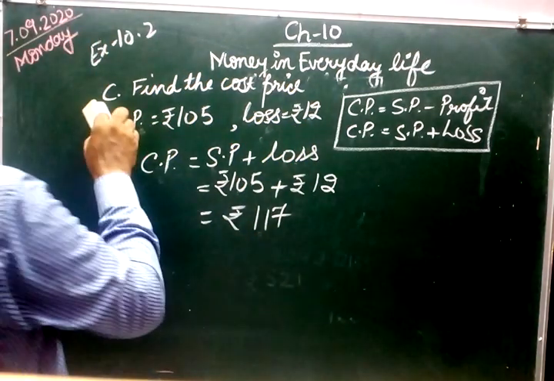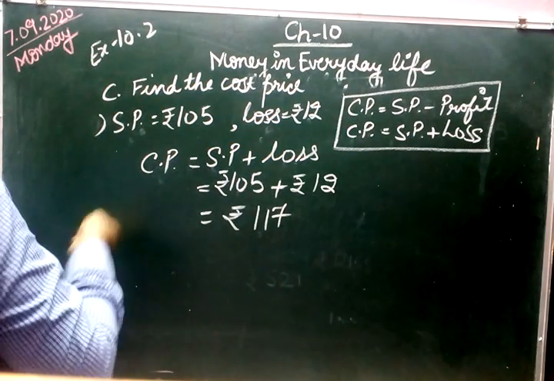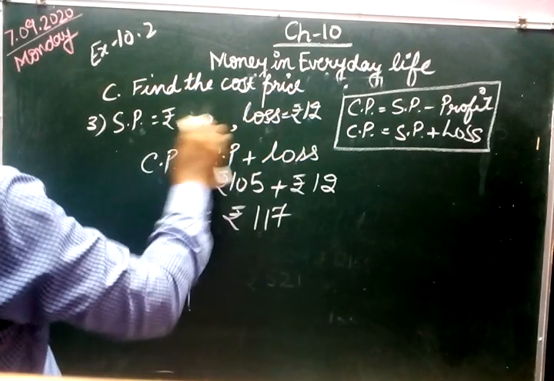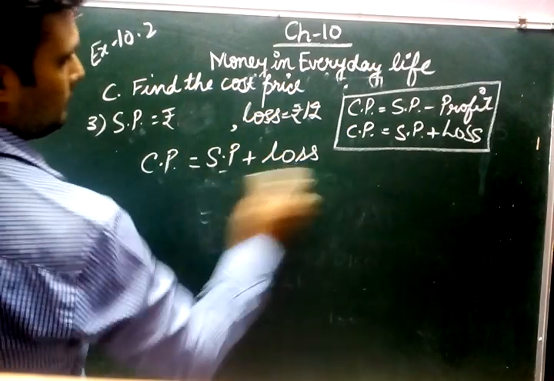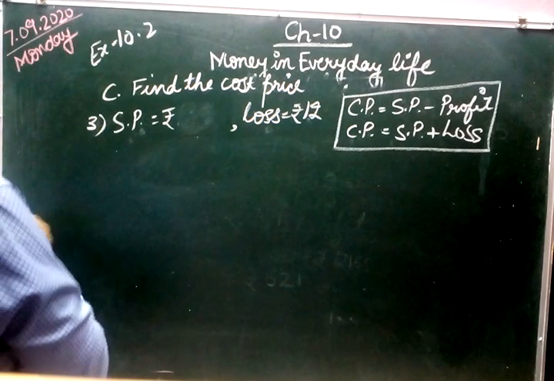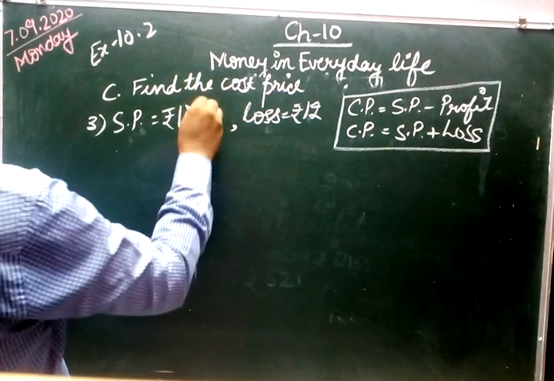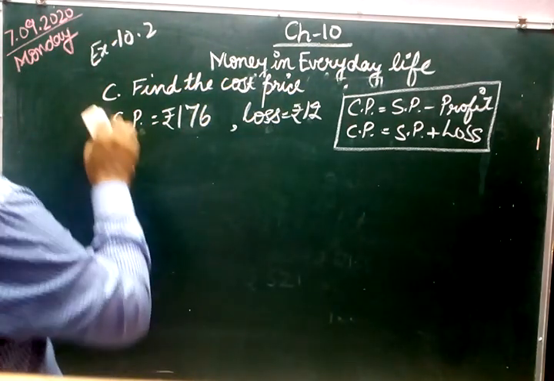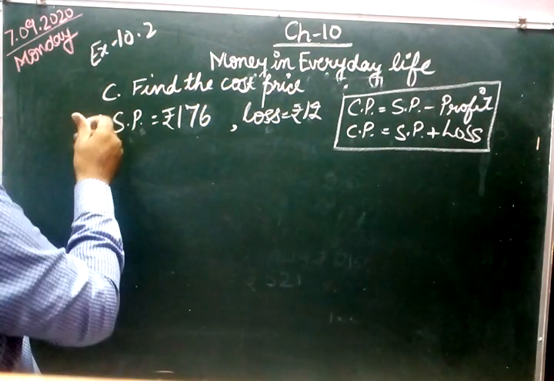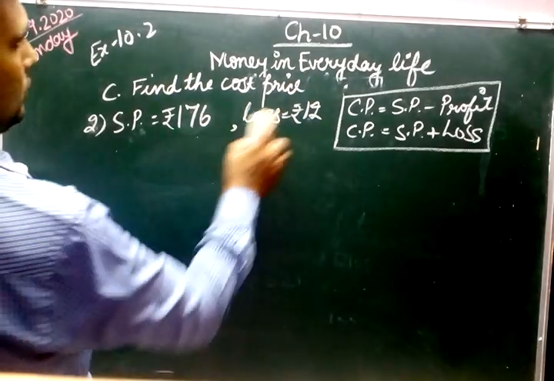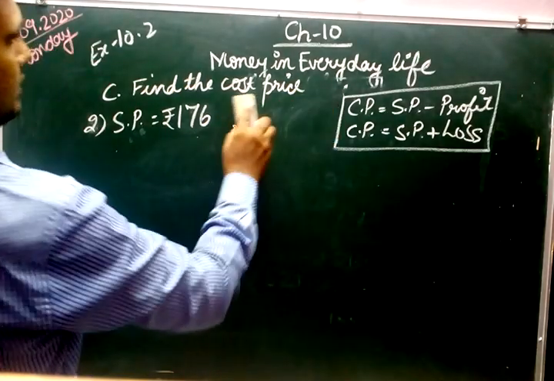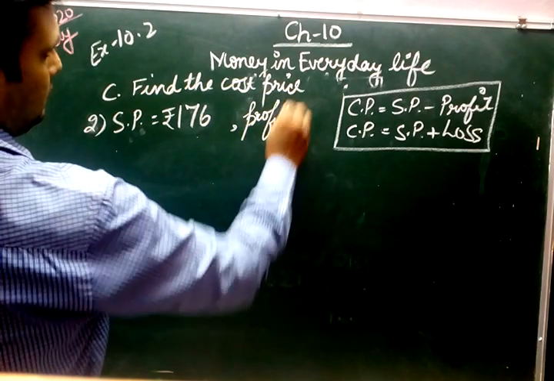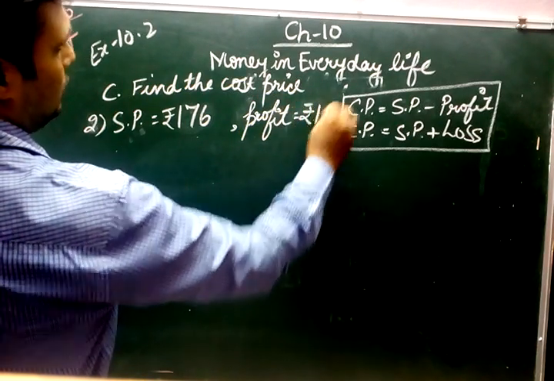Now we do question number 3. Selling price is 176. Here we had loss, but we are actually doing question number 2 where profit is there, so it will change. Profit of rupees 12.